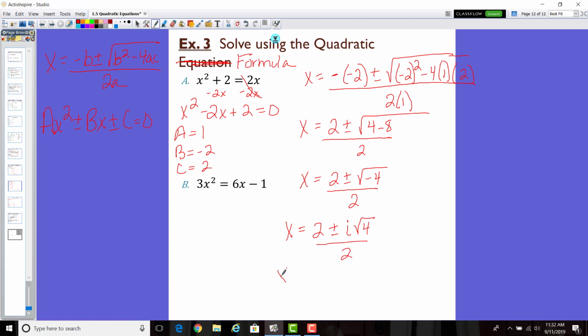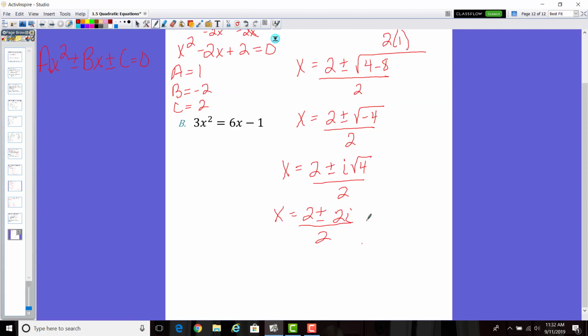And then we can reduce this. 2 plus or minus, the square root of 4 is 2. 2 times i is 2i over 2. And then we have two separate equations. 2 plus 2i over 2 and 2 minus 2i over 2.